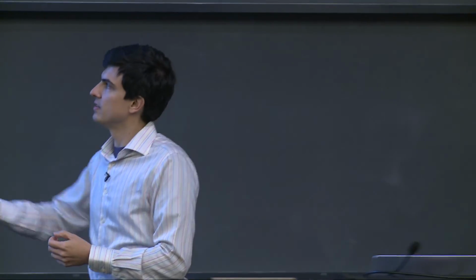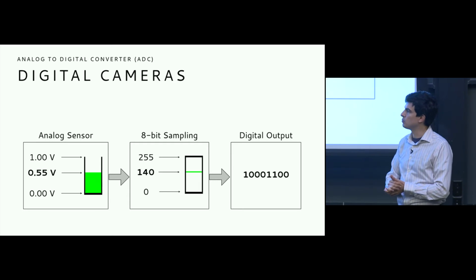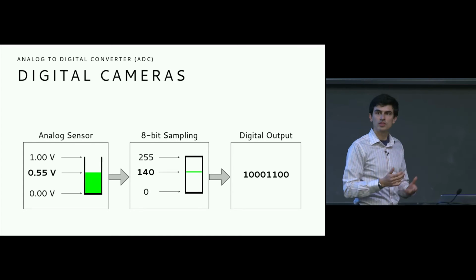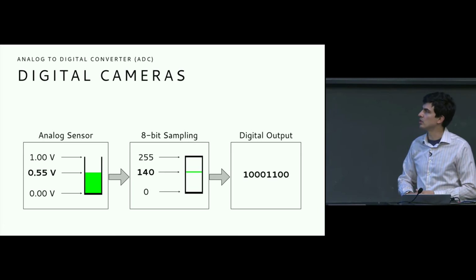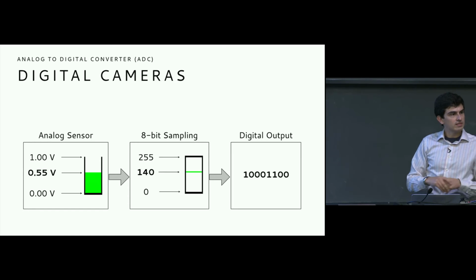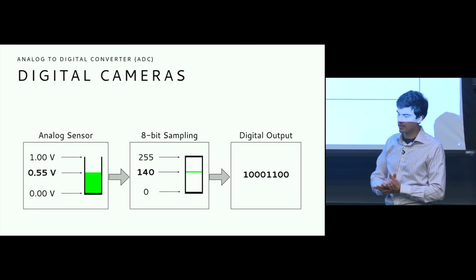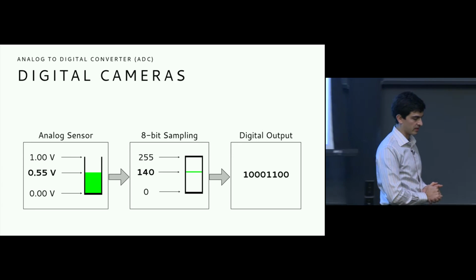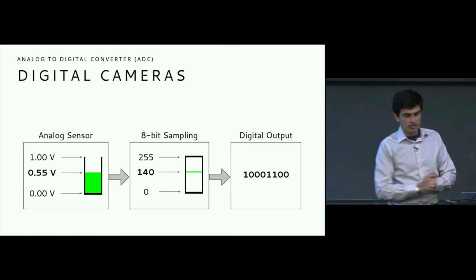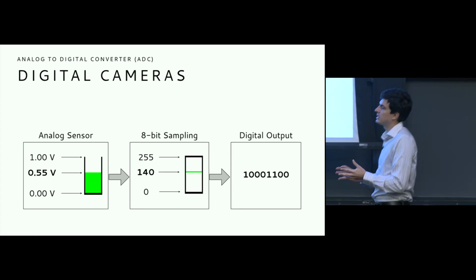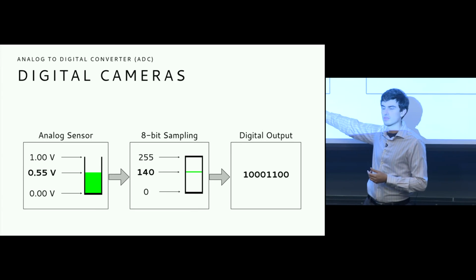It can provide to us a range of voltage anywhere between this voltage of 0 and 1. It could be 0.55, it could be 0.25. It could be anything in between, all the way from 0 to 1. So this means that essentially what I'm doing is I am taking this analog device that might have a certain amount of data, and I'm shoehorning that information into however many bits I'm sampling in my analog to digital converter.